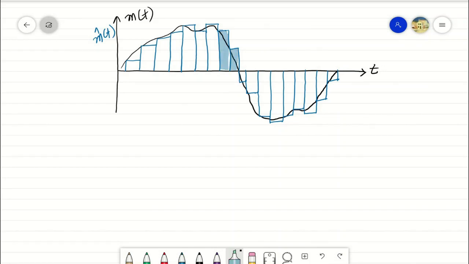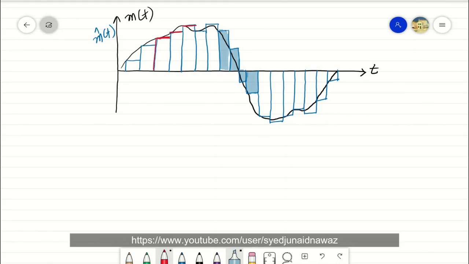For our convenience, if we refer to each of these pulses as a block, it makes the analysis easier because for each block, the amplitude of the information signal can be assumed as constant. In angle modulated signals, the amplitude of the information signal directly influences the phase or frequency of the carrier signal. Assuming it constant for a small time duration helps in understanding the behavior of phase and frequency in the modulated signal.